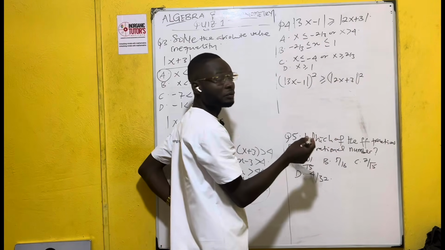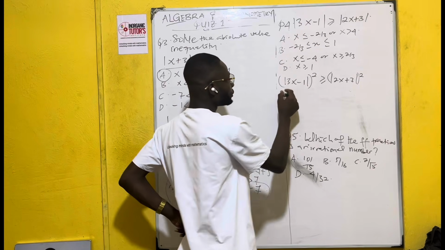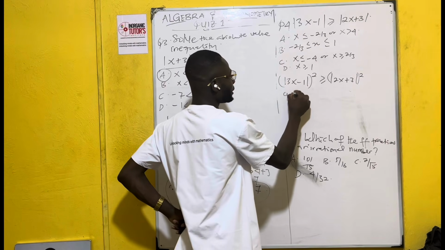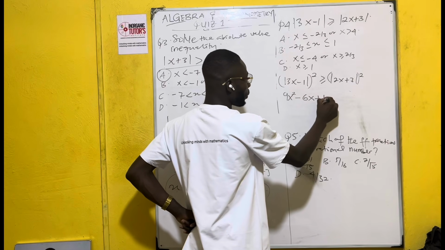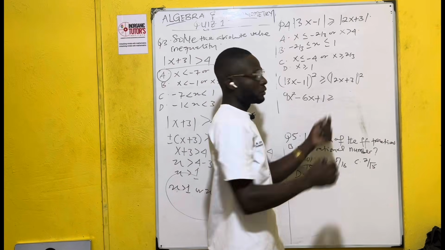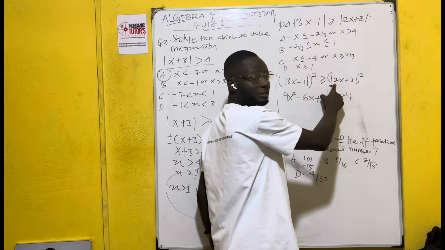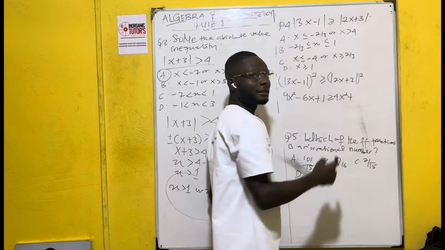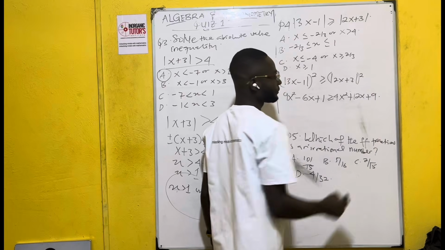If you do that, the absolute value signs go away, so we have 9x squared minus 6x plus 1 greater than or equal to 4x squared plus, 2 times 2 is 4, 4 times 3 is 12, so 12x plus 9.